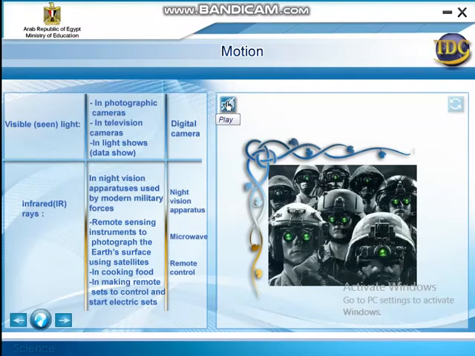Cooking food, because these rays have heat effect. In making remote sets to control and operate electric sets such as TV, DVD, air conditioner.